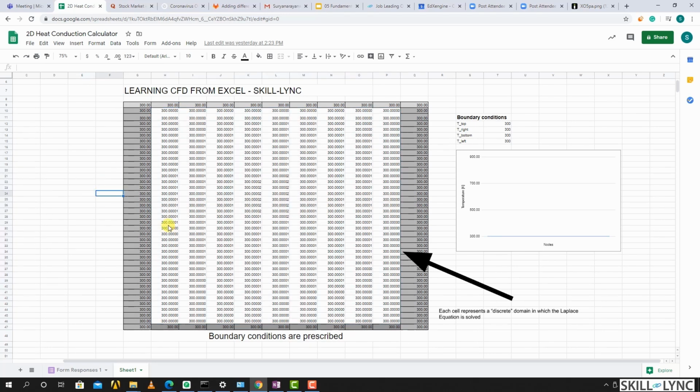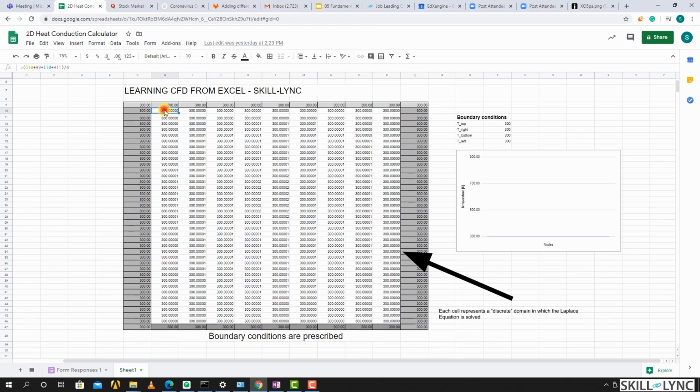Now if you look at any of these cells, let's take this cell. If you look at the formula, the value at that center point is equal to the value on the left hand side, top, right and bottom summed together divided by 4, which is exactly the linear equation that we derived. And you can look at any of the nodes that are on the interior.